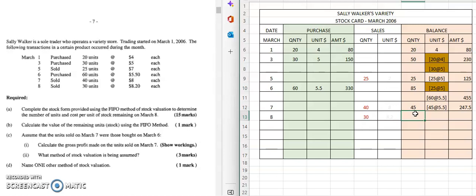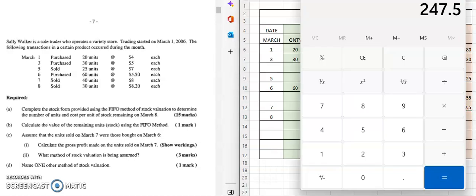So 30 from 45 will leave her with 15. So clearly, she's going to sell 30 out of this 45, leaving her with 15 at 5.5. And therefore, the answer is whatever that works out to be. So 15 times 5.5 is $82.50.